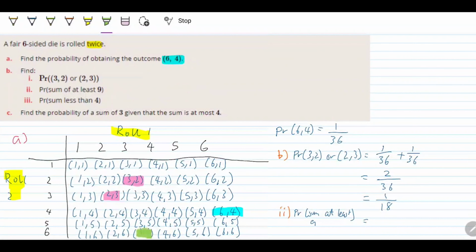You've got 3 and 6, 4 and 6, 5 and 6, 6 and 6, 6 and 5, 5 and 5, 4 and 5, 5 and 4, 6 and 3, and 6 and 4. That will be 1, 2, 3, 4, 5, 6, 7, 8, 9, 10. So 10 out of 36, which is equivalent to 5 over 18.